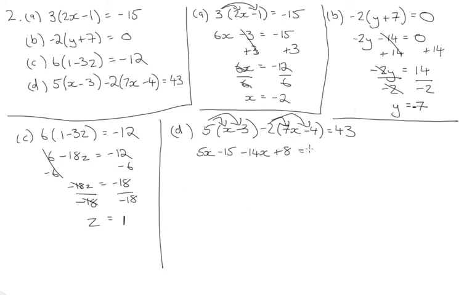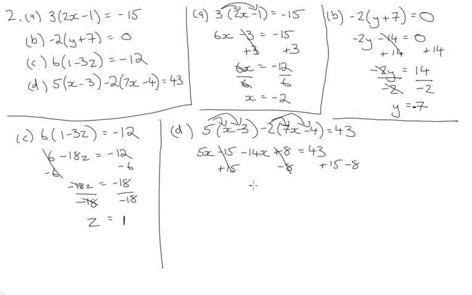That equals 43. All right, let's get rid of these two numbers at the same time. Plus 15 here and minus 8 here. So on this side, we're going to be plus 15 minus 8. And they cancel and they cancel. What's 5x minus 14x?